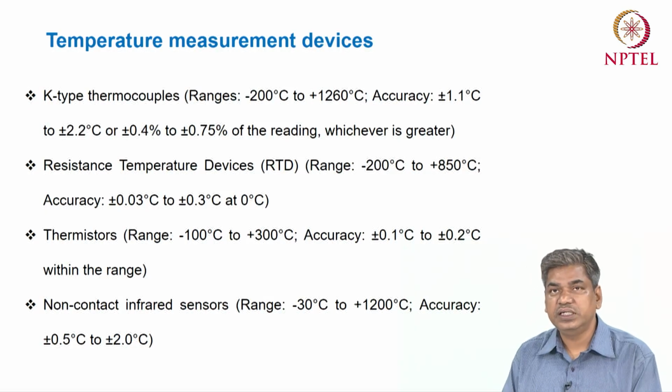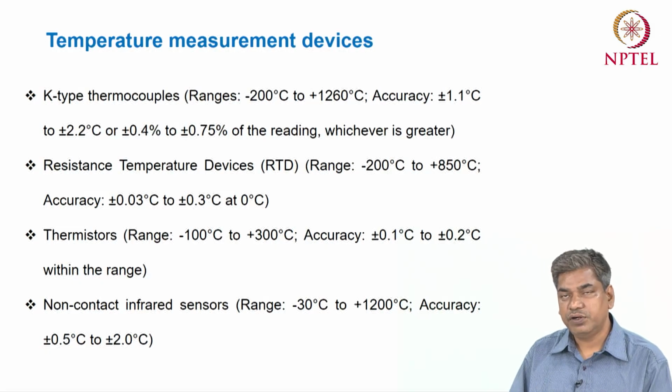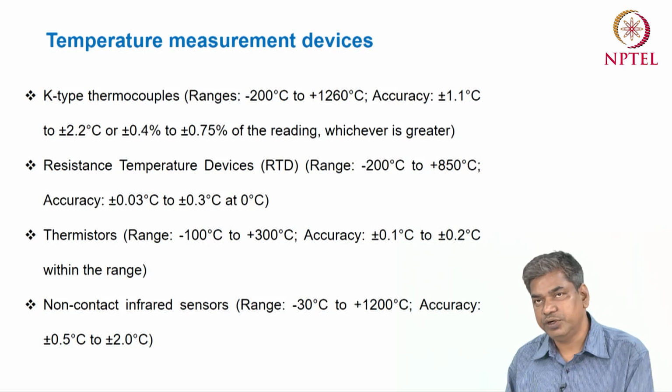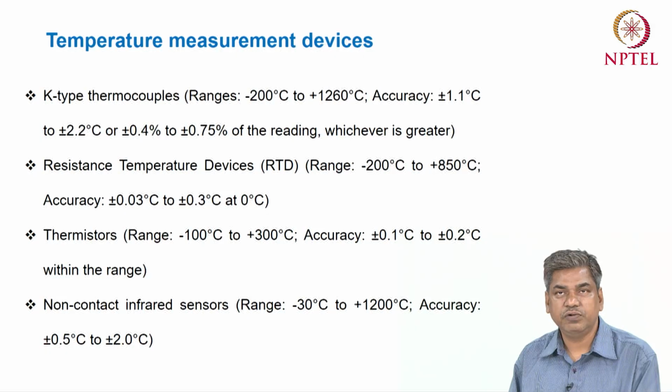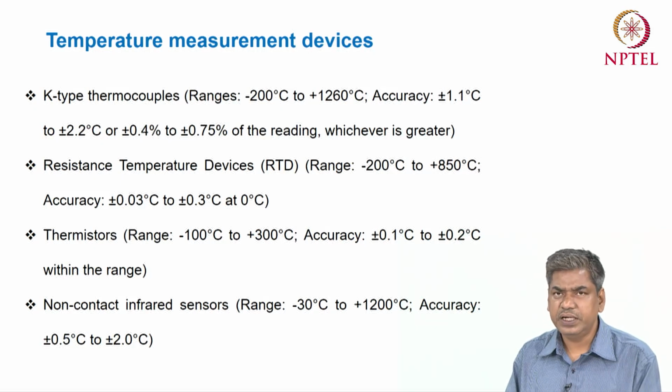One quantity is the temperature. Temperature is an important operating parameter for any vapor compression refrigeration system. At the various state points of the refrigerant and also the inlet and outlet conditions for the secondary fluid, we have to measure the temperature, because the performance calculation for the vapor compression system depends very much on the temperature measurement at the different state points.